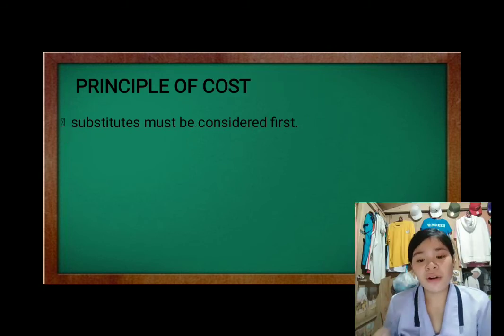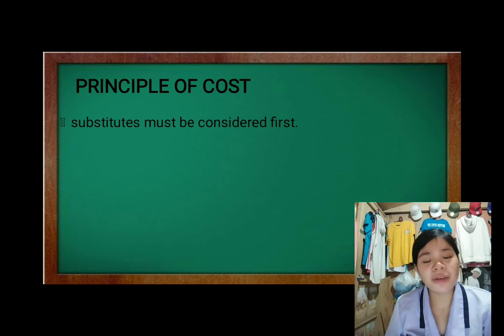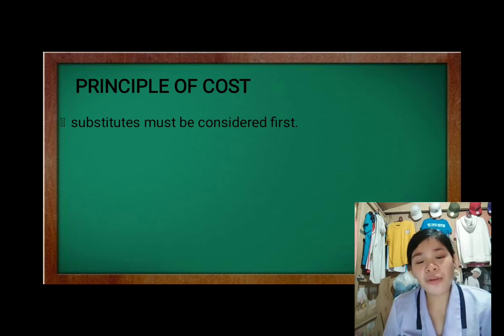The principle of cost: substitutes must be considered first. For example, you need to have a substitute, another instructional material that you can give your students if one is not available or not accessible. I've experienced this kind of situation.